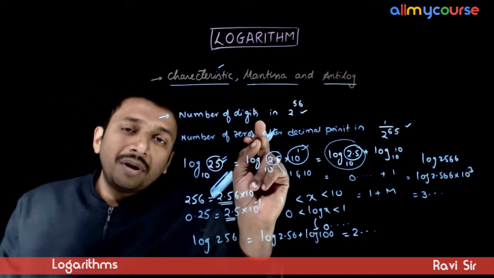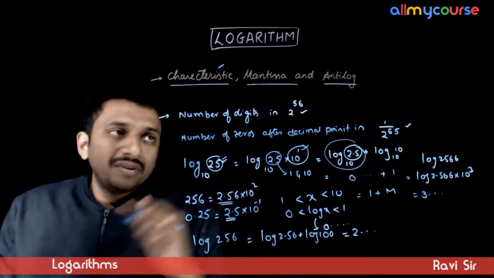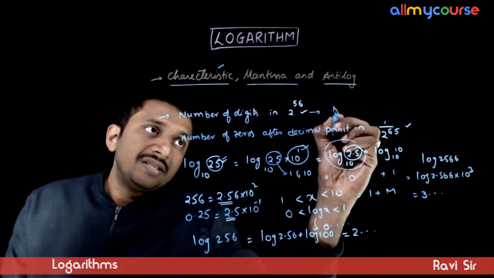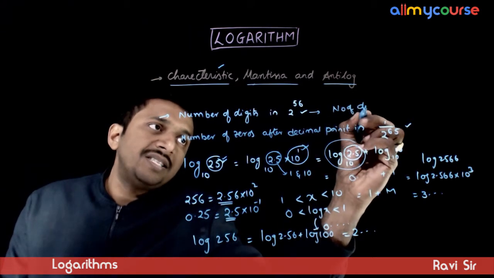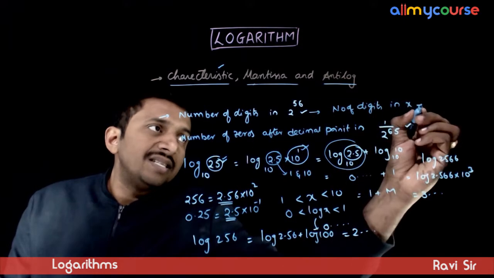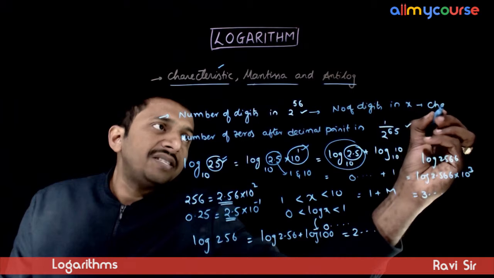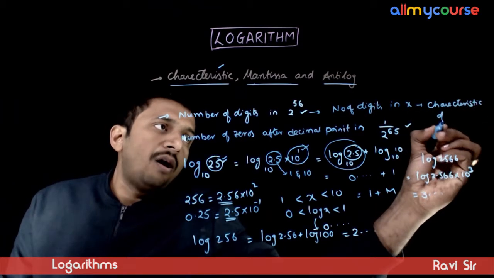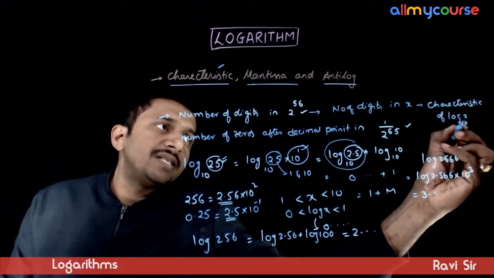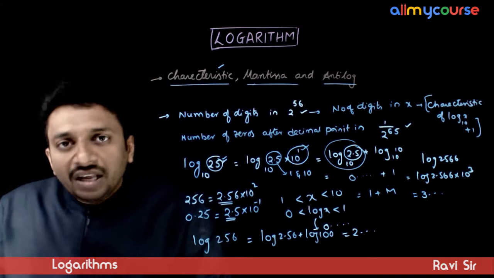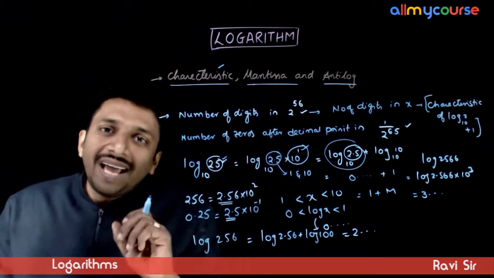If you want the number of digits in any number x, the number of digits in x is nothing but the characteristic of log x to the base 10, plus 1. So this is the formula for the number of digits in any number.